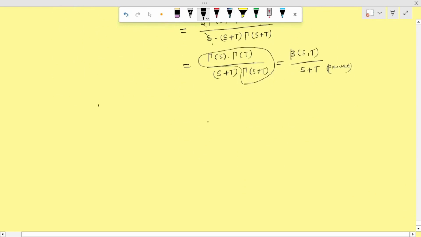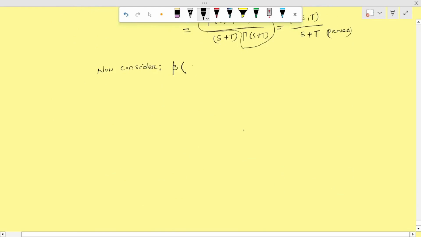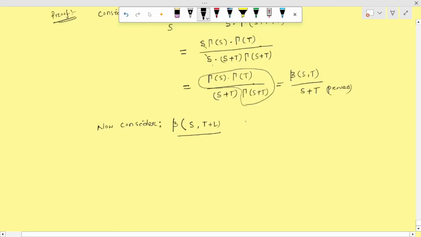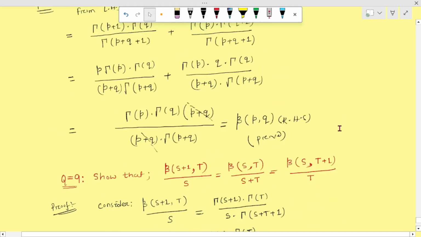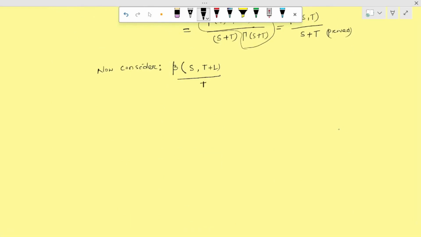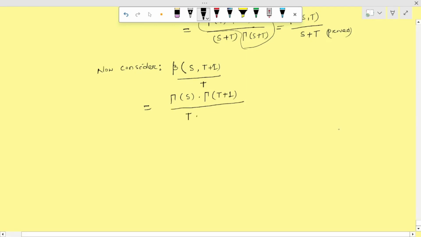Then we are going to consider the second one, this one, beta s t plus 1 by t. Now consider beta s t plus 1 by t. Then this can be written, by using the beta and gamma function, as gamma s into gamma t plus 1 by t, then gamma s plus t plus 1.